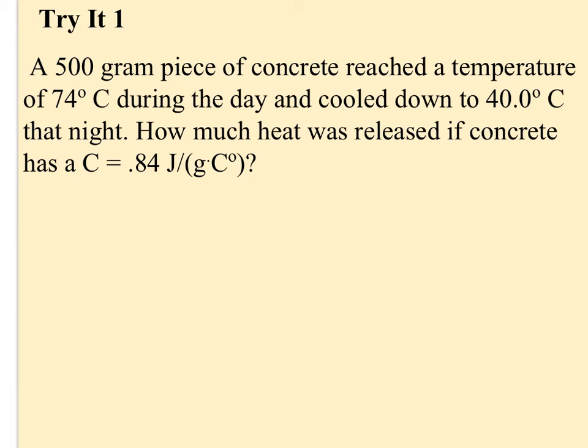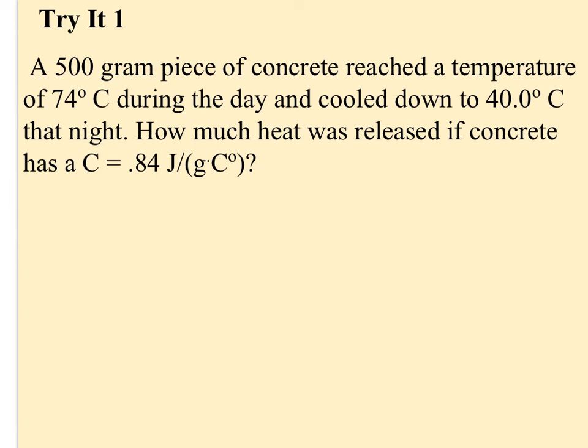500 grams times 0.84 times my change in temperature, and again, if I take 74 minus 40, I see I have a temperature change of 34 degrees. And when I plug and chug 500 times 0.84 times 34, I come up with delta H equal to 14,280.